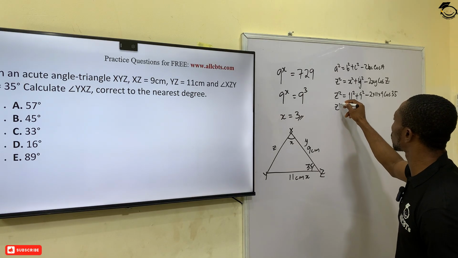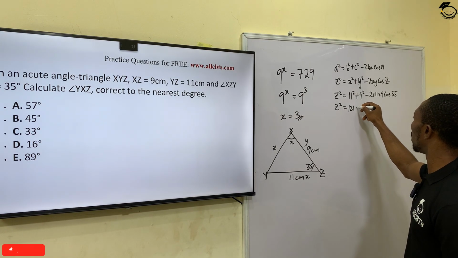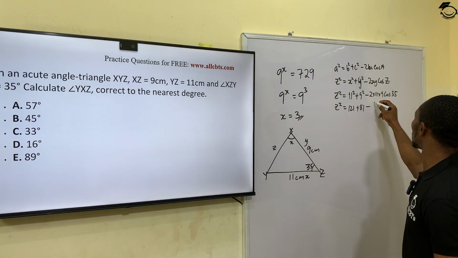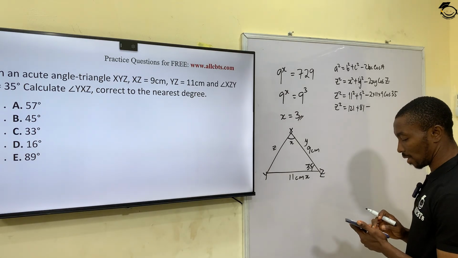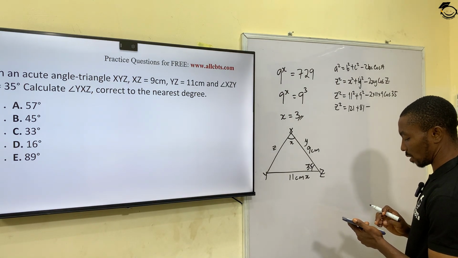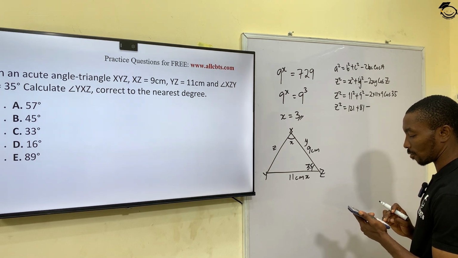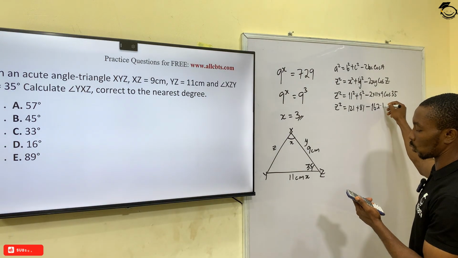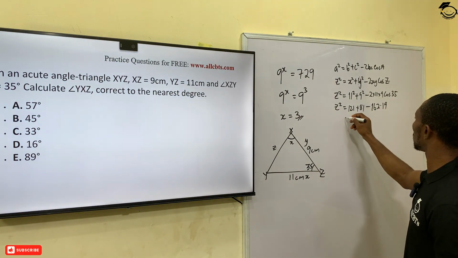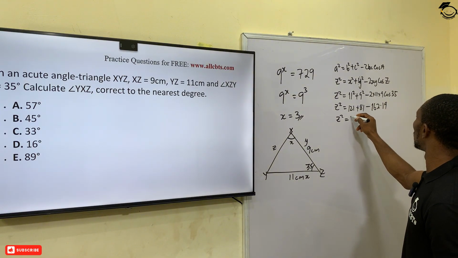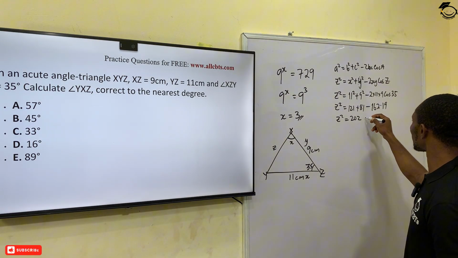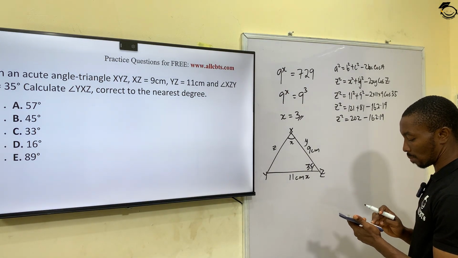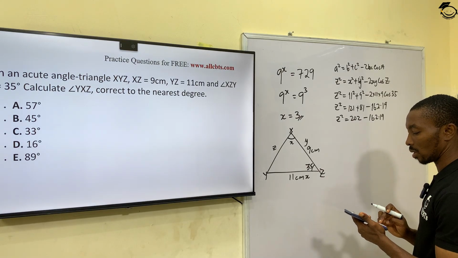So z squared equals 121 plus 81 minus 2 times 99 times cos 35, which gives us 162.19. Okay, so this we have as z squared equals 202 minus 162.19.